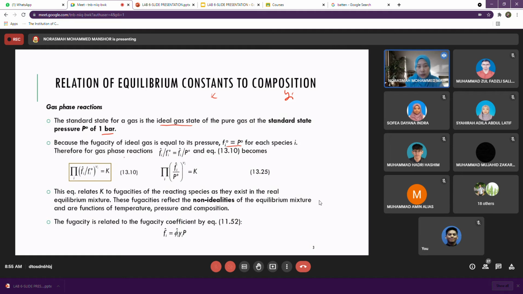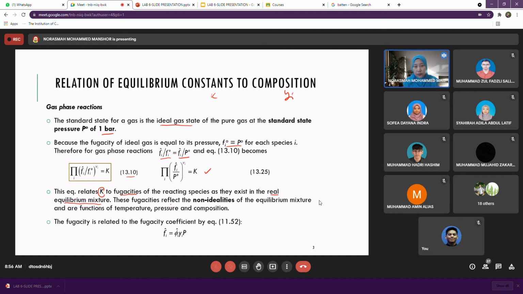Therefore, for gas phase reaction, the Fi cap over Fi naught in equation 13.10 is equal to Fi cap over P naught. It becomes this equation. Replace the Fi naught with P naught. This equation relates the K to fugacities of the reacting species as they exist in the real equilibrium mixture.